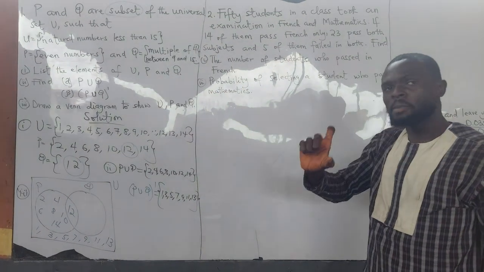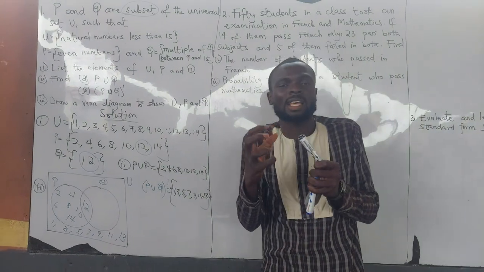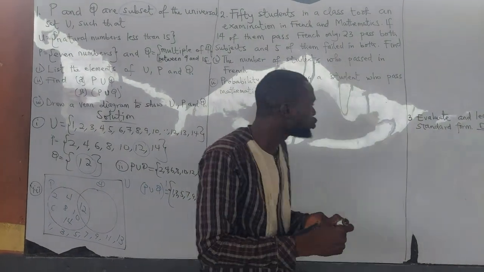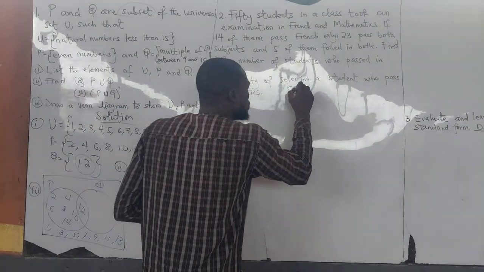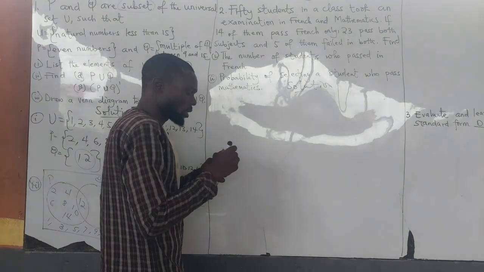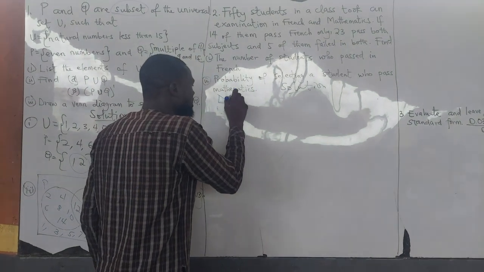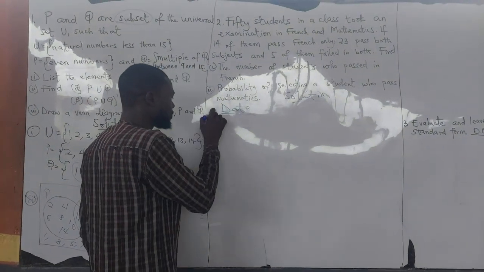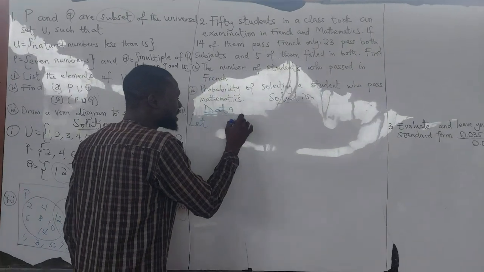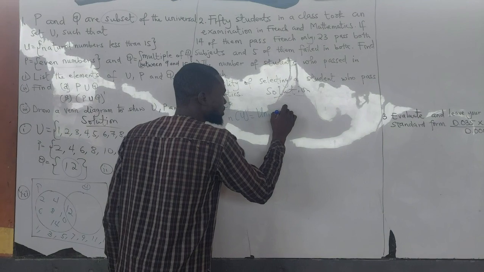The subjects they mentioned here are French and mathematics. So we have to draft our data. Drafting your data will help you to solve the problem with ease. So let's try to draft the data. To draft your data, let the number U represent the universal set.